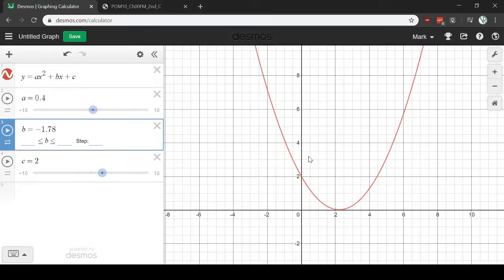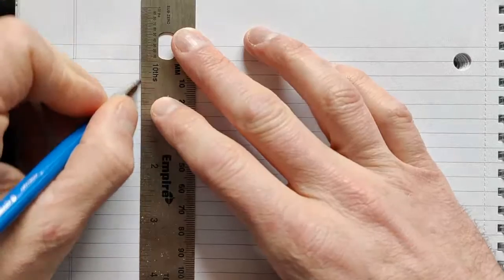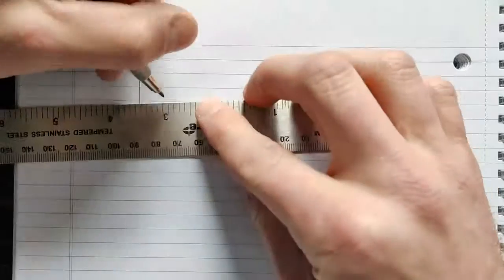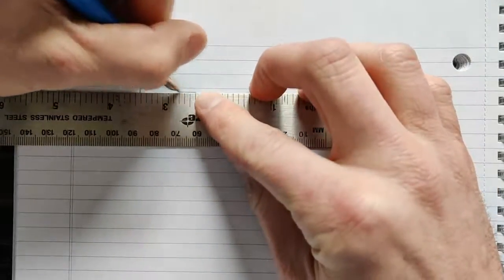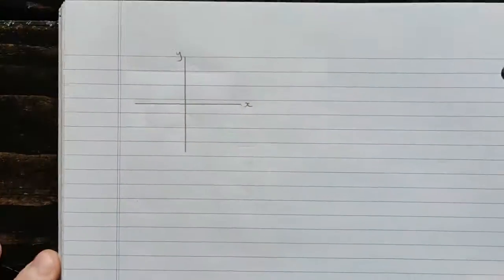So if we flip over to the note paper again, I'm going to draw a quick little sketch of a parabola. Just have some xy axes here, really quick.